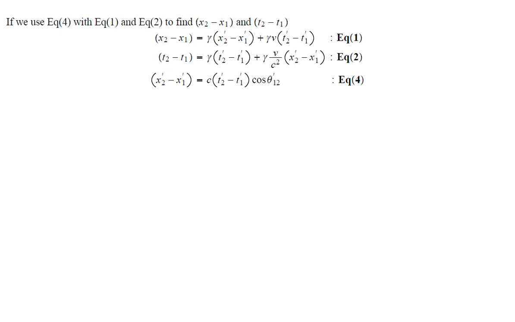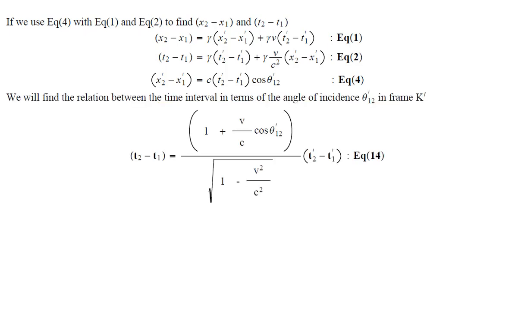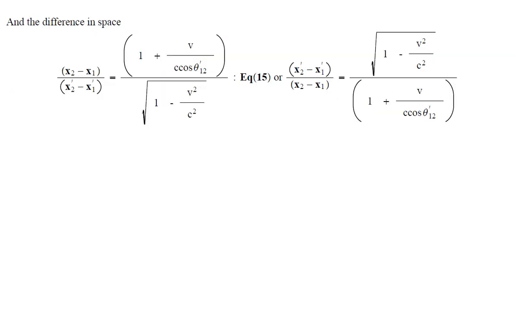If we use equation 4 with equation 1 and equation 2 to find x2 minus x1 and t2 minus t1, we will find the relation between the time interval in terms of the angle of incidence θ12' in frame K', and the difference in space will be.